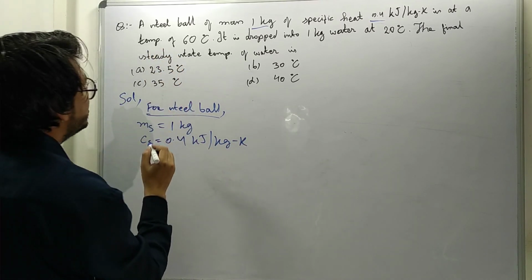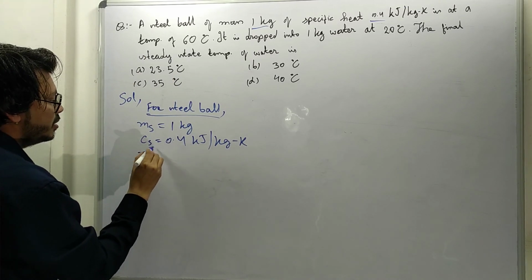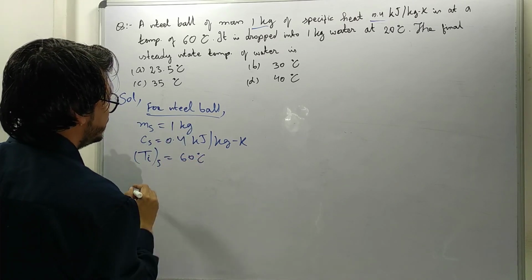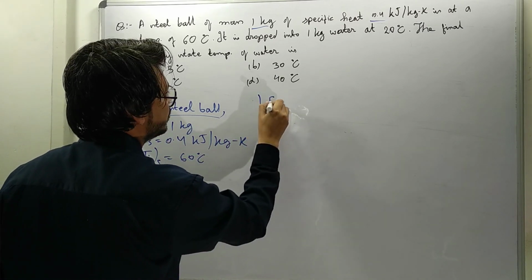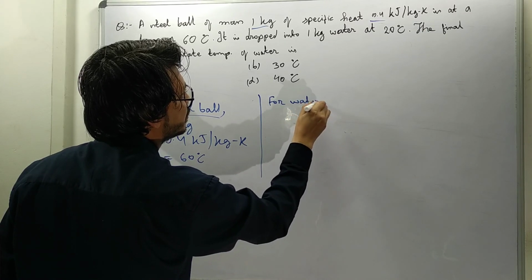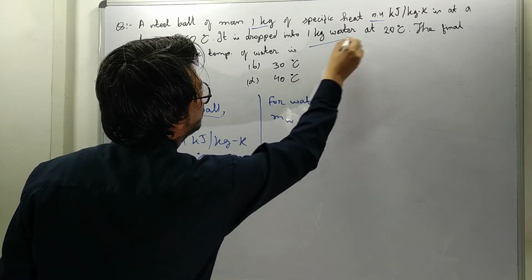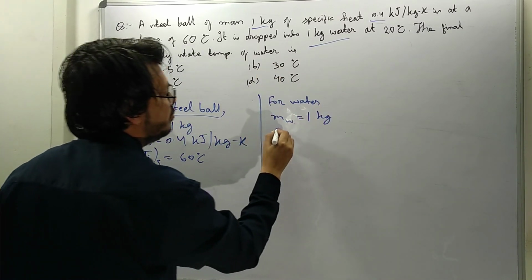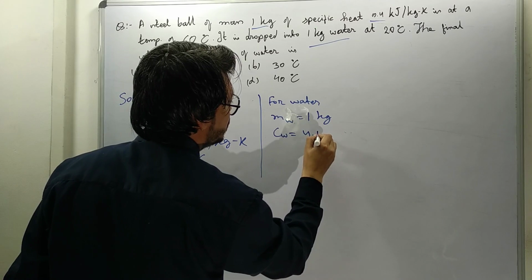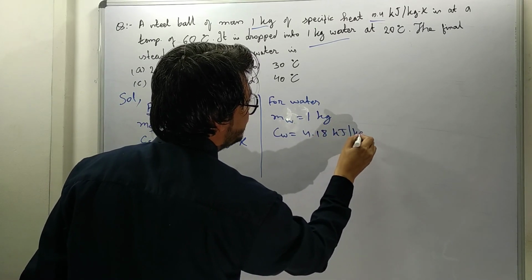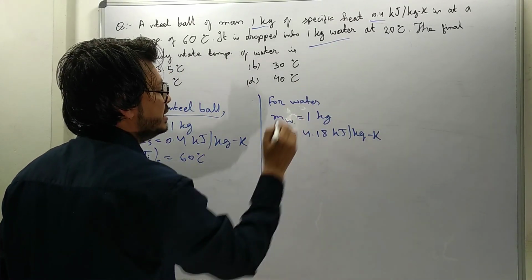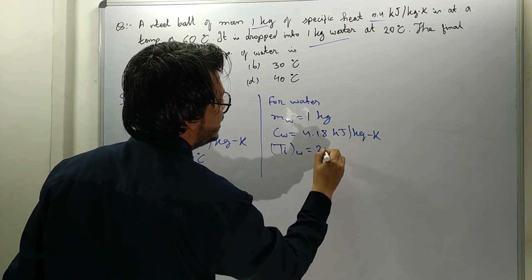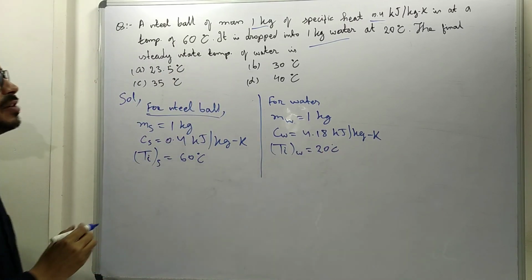Initial temperature of steel ball is 60 degrees centigrade, and for water, mass of water is 1 kg. Specific heat of water, we know it is 4.18 kilojoule per kg Kelvin, and the initial temperature of water we have 20 degrees centigrade. We have to find the final temperature of water.